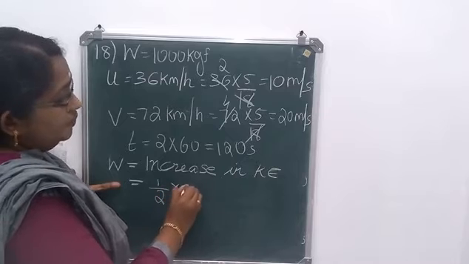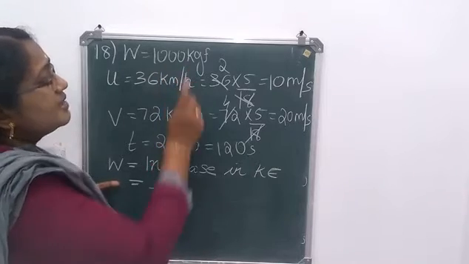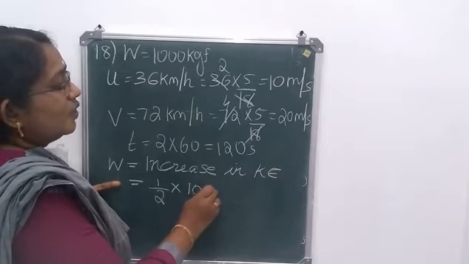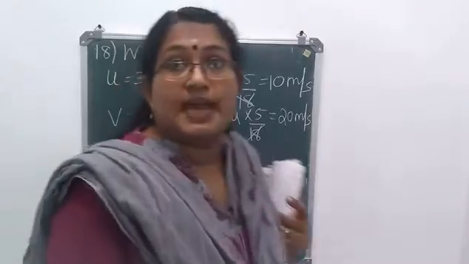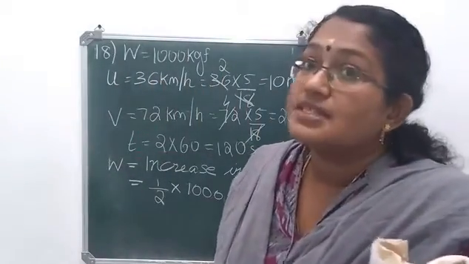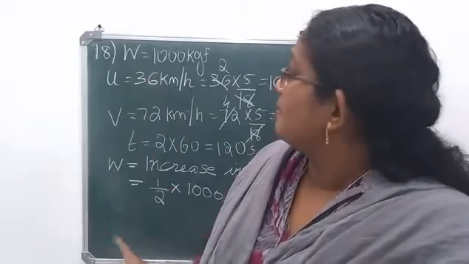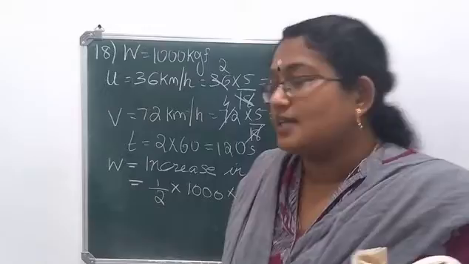Half into m into, how much is the mass? It is 1000. Okay, kilogram and kilogram force mean the same thing. kg is the unit for mass, kgf is the gravitational unit of force, but the value remains the same. So instead of mass, I am taking 1000 itself.